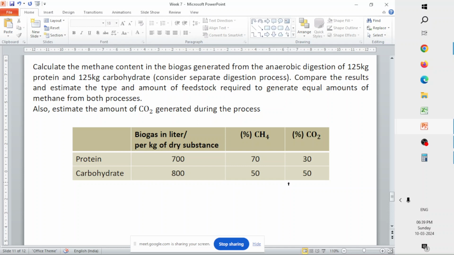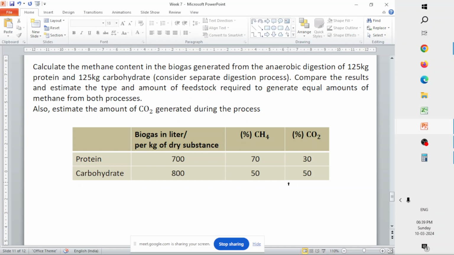So let's just see. Here you have protein as well as carbohydrates. This is the given data. What they say is, for every 1 kg of dry substance that you take, like 1 kg of protein dry substance or 1 kg of carbohydrate dry substance, the amount of biogas that will be generated is 700 liters in case of protein and 800 liters in case of carbohydrate.